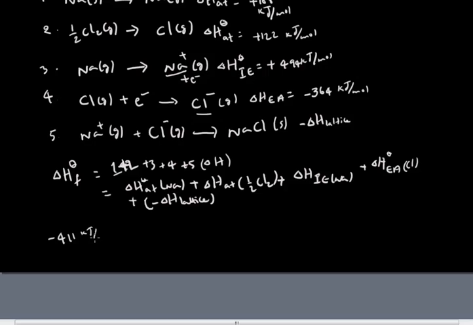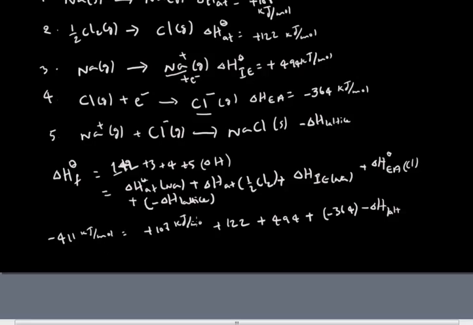And we know delta H atomization of sodium is positive 108 kilojoule per mole, plus delta H atomization of chlorine is 122 kilojoule per mole, and delta H ionization energy of sodium is about 494 kilojoule per mole, plus the delta H of electron affinity of chlorine is negative 364 kilojoules, plus minus delta H lattice.